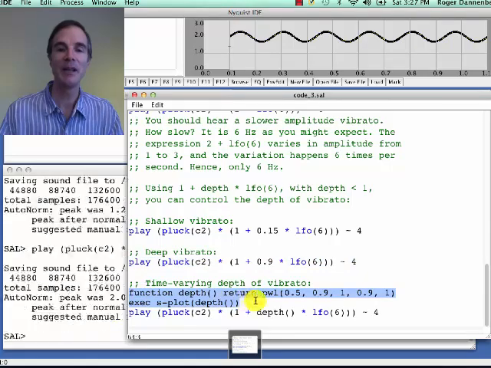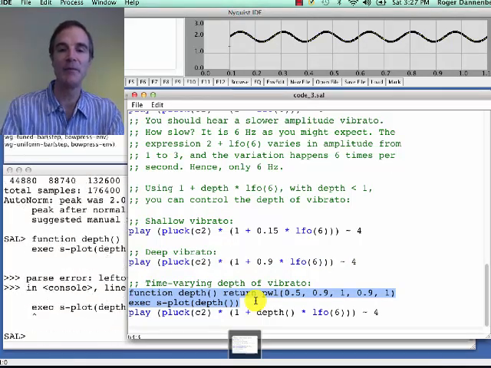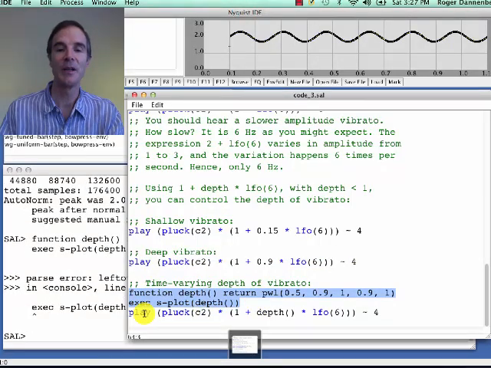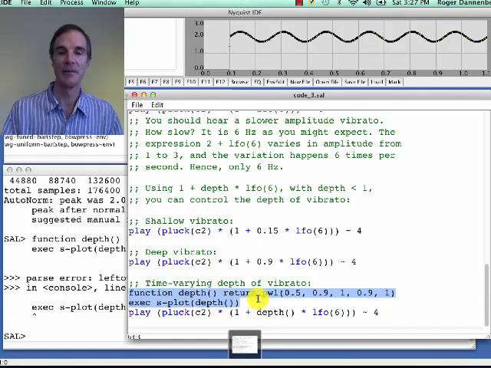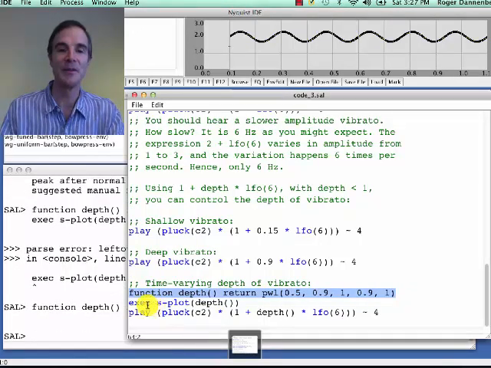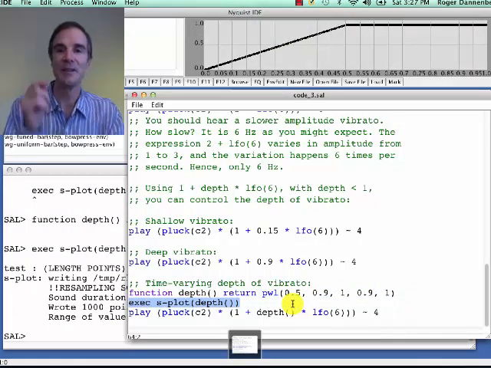And we can make the vibrato time varying. So here what we're going to do is return an envelope multiplied. Let's do this. Here's the plot.